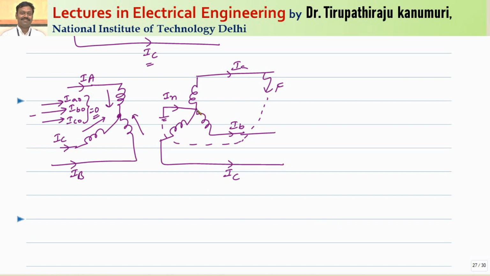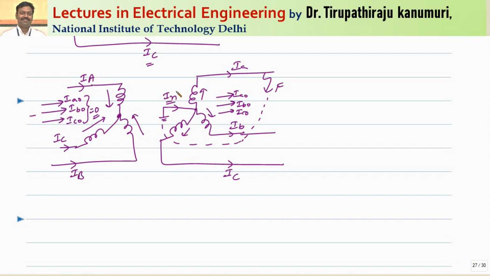Whereas on the secondary side, IA plus IB plus IC are also co-phasor in nature, all in phase with each other. This is my component IA naught, IB naught, IC naught. These zero sequence currents can return back through this one, because these currents can be supplied by this IN.